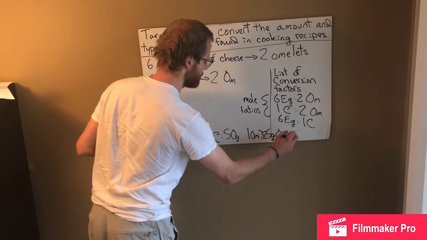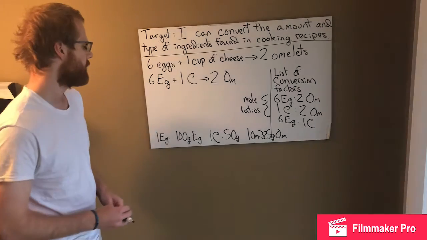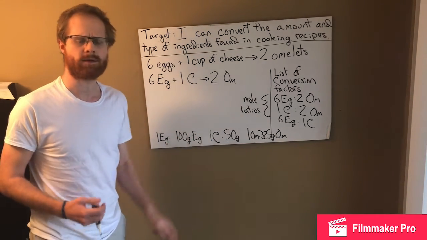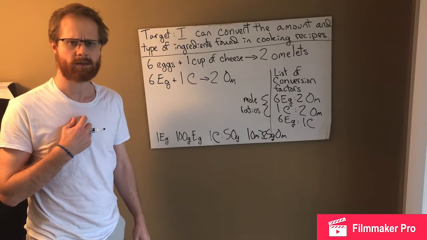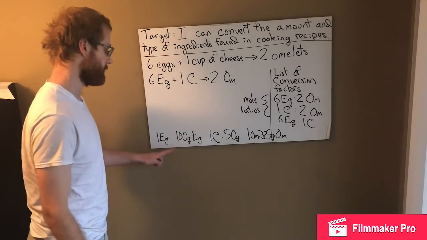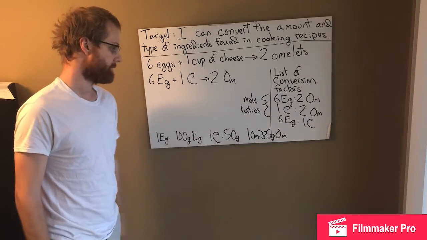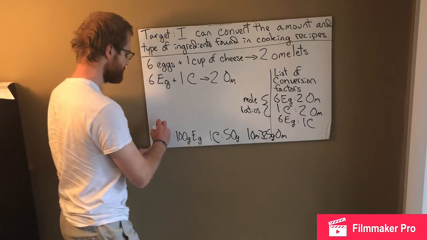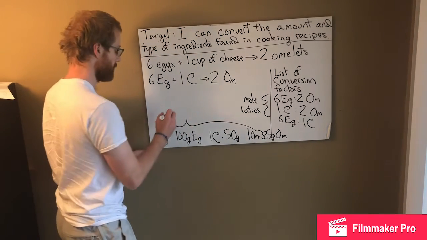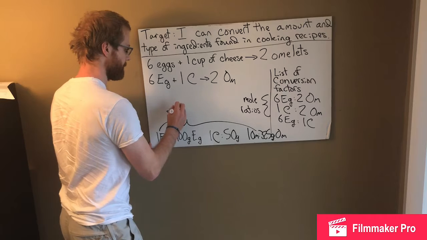Sorry that got a little scrunched in there. And the reason that we know these is there's something that I found on a triple beam balance. This is data that you would be provided with in any practice problem. You would know these conversion factors. Now, these conversion factors are very similar to molar mass.